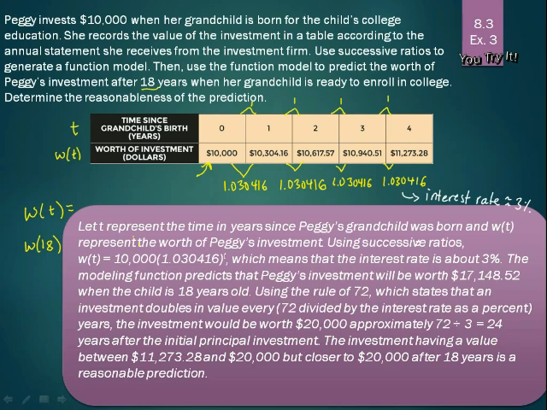Using the rule of 72, which states that an investment doubles in value every 72 divided by the interest rate as a percent years, the investment would be worth $20,000, approximately 72 divided by 3 equals 24 years after the initial principal investment. The investment having a value between $11,273.28 and $20,000, but closer to $20,000 after 18 years, is a reasonable prediction.